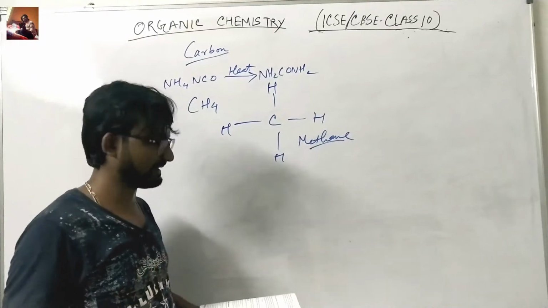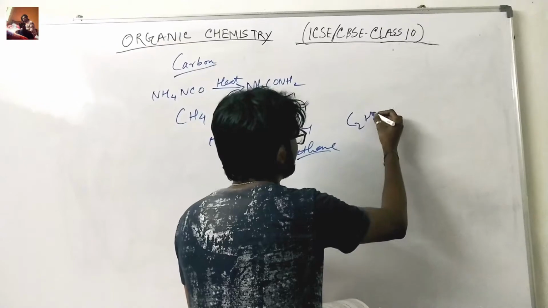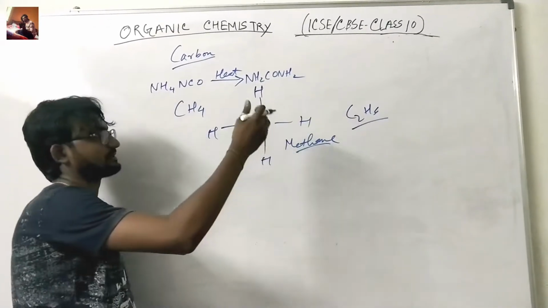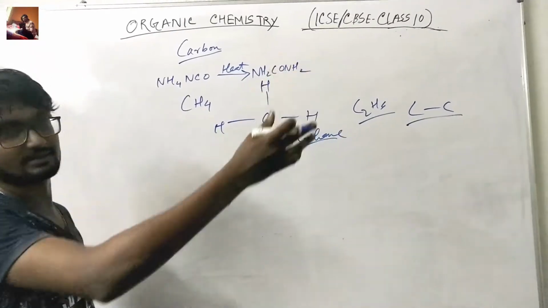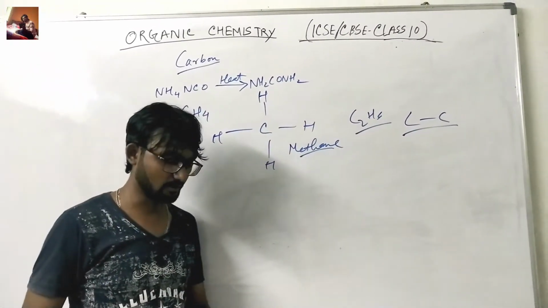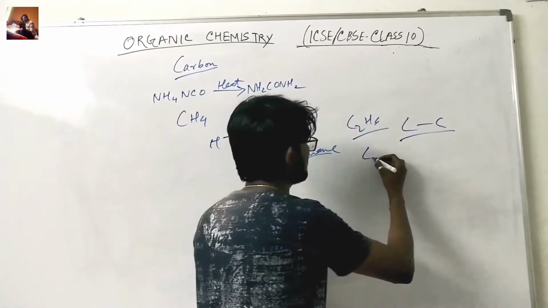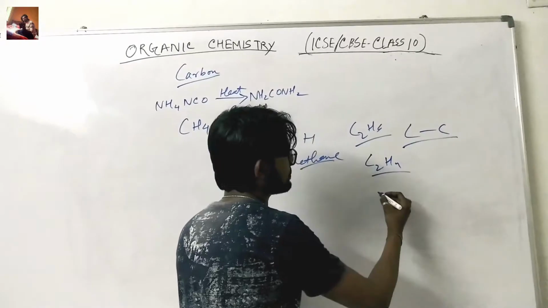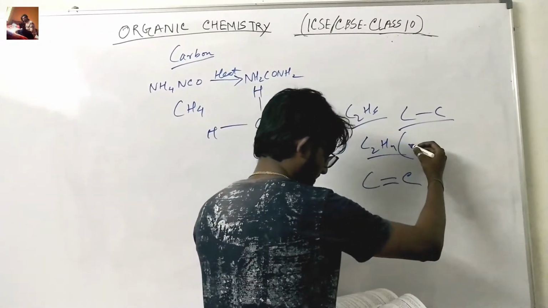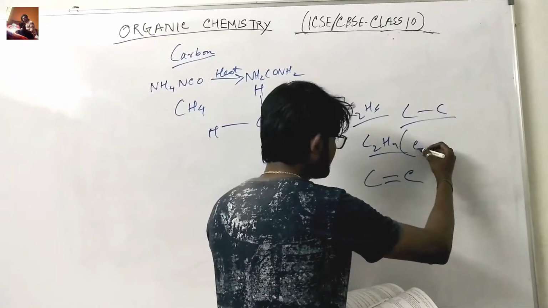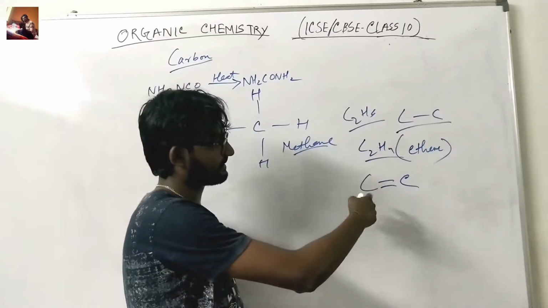Same as ethane. Ethane is nothing but C2H6. You can draw it yourself like this only. For C2, draw 4 hands like this and you can complete the formula. And ethene is basically C2H4. So in C2 the carbon has a double bond.